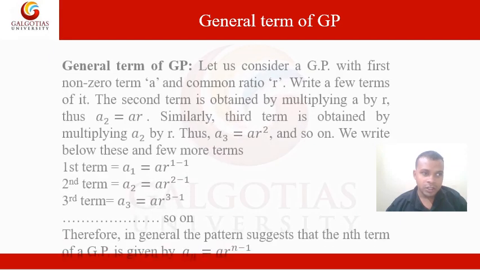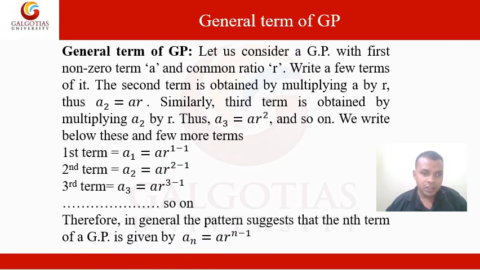The general term of GP can be represented as follows. If we define a GP with first non-zero term A and common ratio R, let us write a few terms of it. The second term is obtained by multiplying A by R, so your second term will be equal to A into R. Similarly, the third term is obtained by multiplying A2 again by R, so we get AR square, and so on.